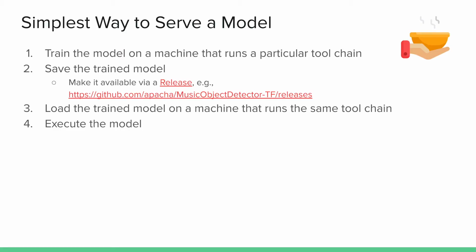And now if someone comes across your project, what they would do in return is take your trained model that was trained on a particular machine, and then they have to recreate that environment, the same toolchain, or at least a compatible toolchain and versions of the software that you've used. And then they can execute the model and properly run inference. The problem is that I've seen big pieces of software being developed over and over again because of one issue.